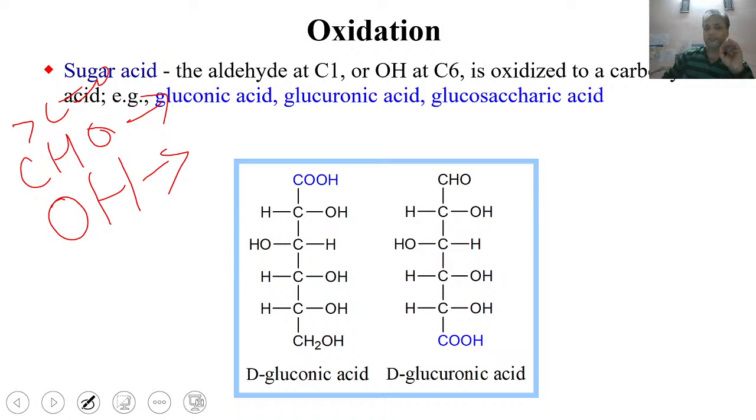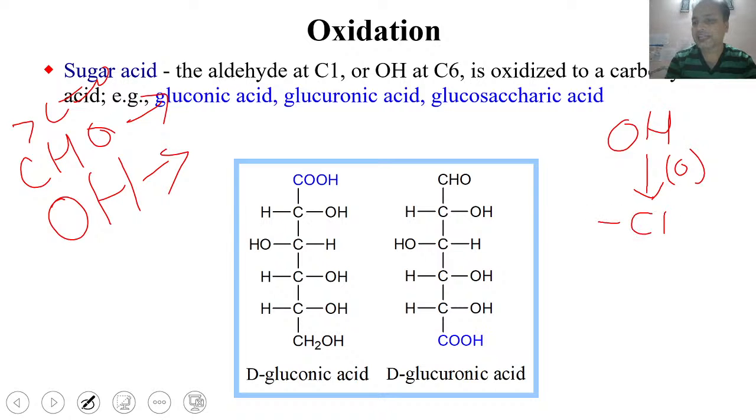The normal principle of organic chemistry is, if you have alcohol and you do oxidation, it will be converted to an aldehydic structure. So alcohol after oxidation gives you aldehyde, and if you oxidize aldehyde, you will get an acid structure, COOH.